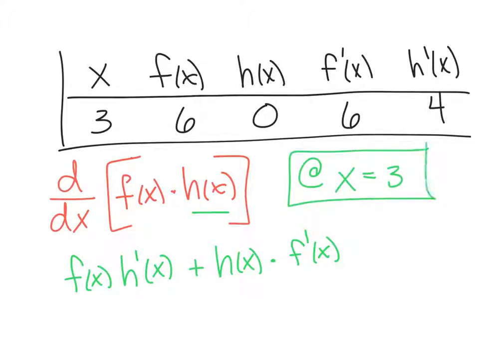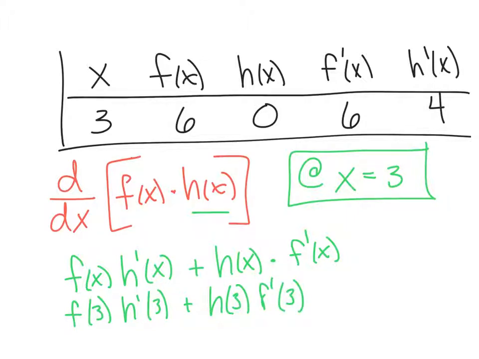Okay, so once we've taken that derivative, I want to now plug in the number 3. So again, still not using the table at all. I'm just going to write down f of 3 times h prime of 3, plus h of 3 times f prime of 3. And now I'm finally ready to use the table and see if I have those values.